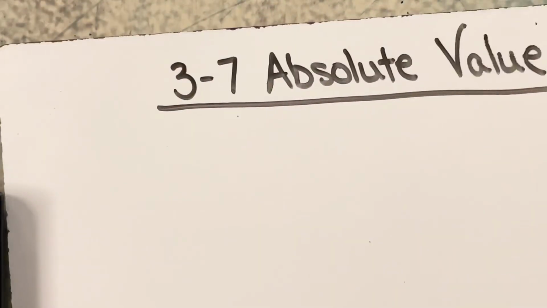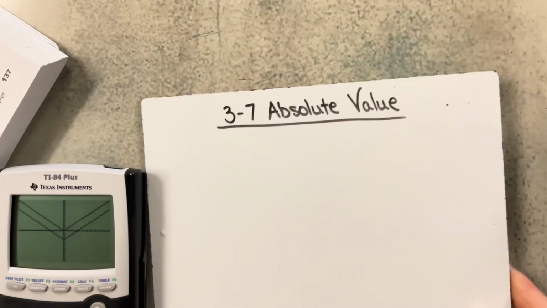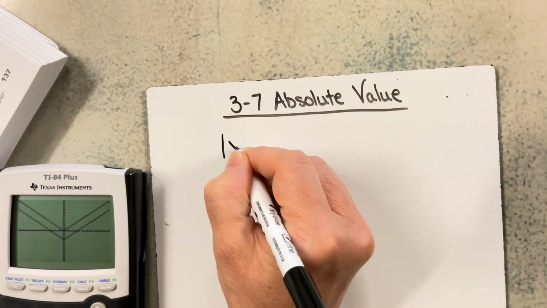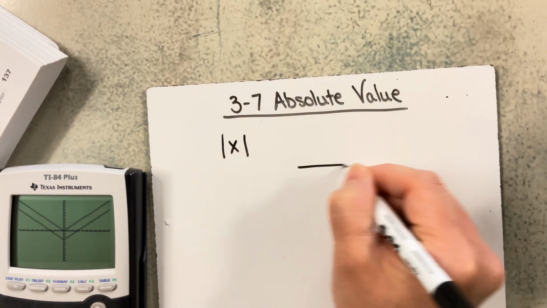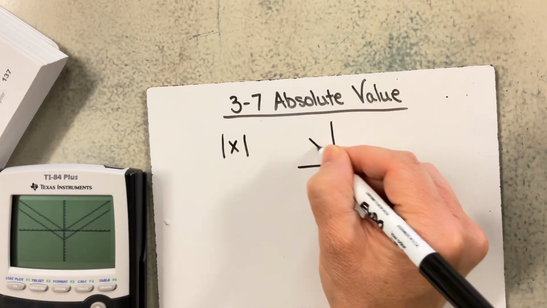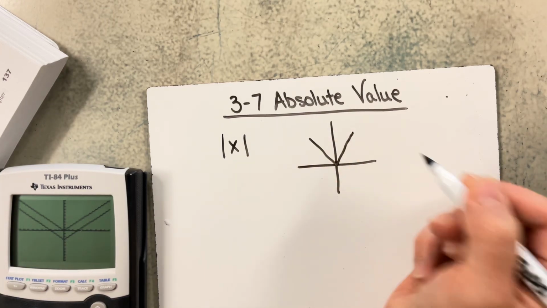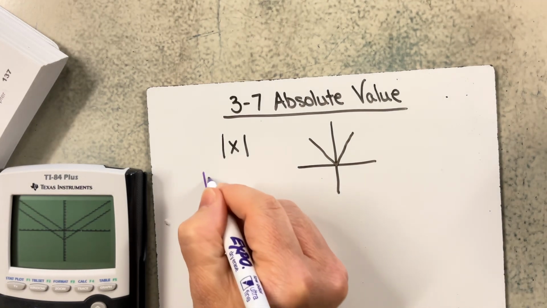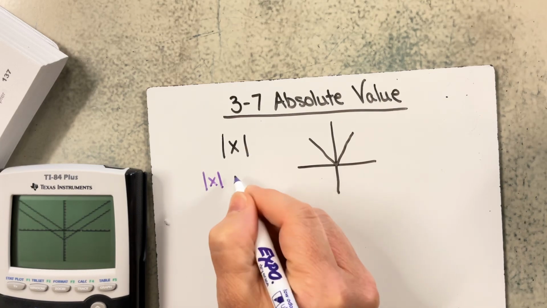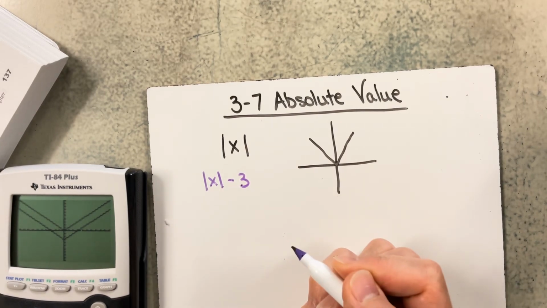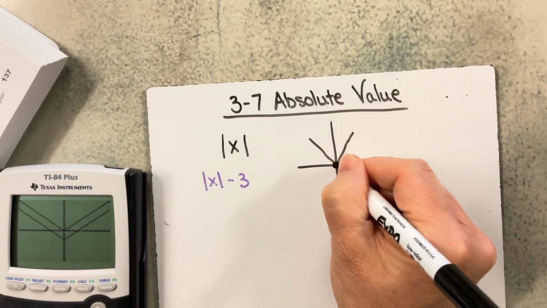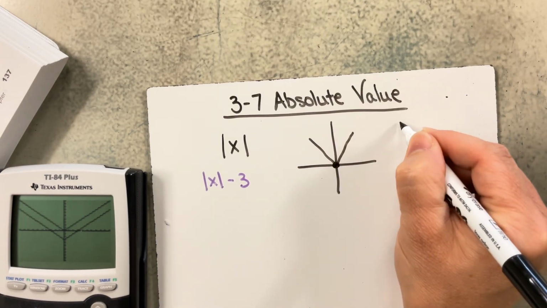So let's pull over here. We started with, we looked at the absolute value of X, okay? And we found it looked something like that, okay? Then what we did is we did the absolute value of X. We left that alone, but we subtracted 3, okay? Now, when we look at this one, our vertex is at 0, 0.